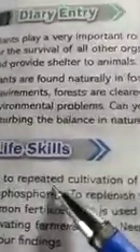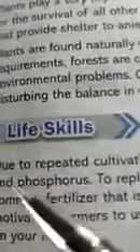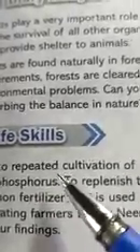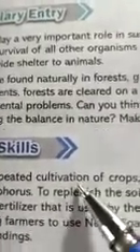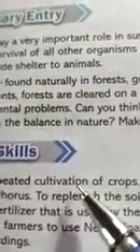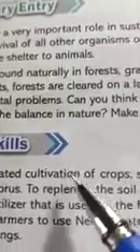Due to repeated cultivation of crops, soil becomes deficient in certain nutrients such as nitrogen, potassium, and phosphorus. Dear students, we know very well, due to repeated cultivation, soil loses its fertility. So replenish the soil.